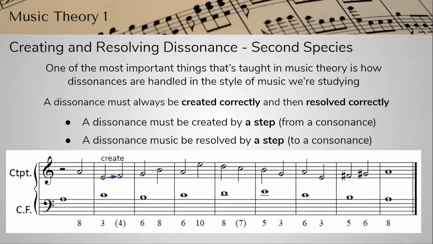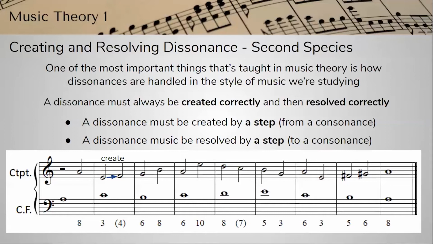We have a consonance from the C to the E of a third, and then we create a dissonance by moving the E in the counterpoint up to an F. So we're creating a dissonance from what was a third by moving up a step to a fourth. So we've created the dissonance by a step.